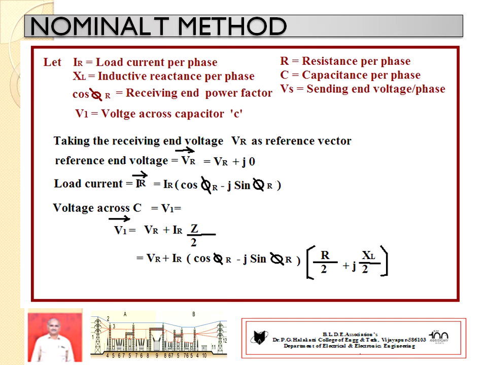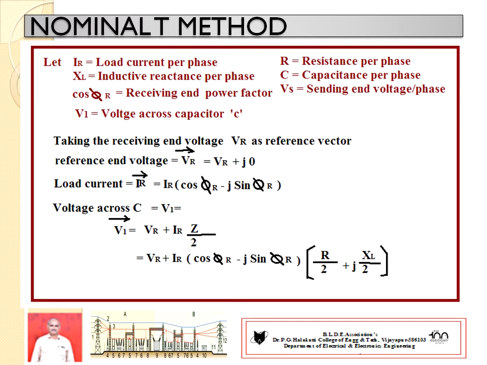Be careful, the value given in the problem is always the line voltage. It was already observed while solving problems. That's why these values should always be taken per phase. Remember, Vs and Vr.